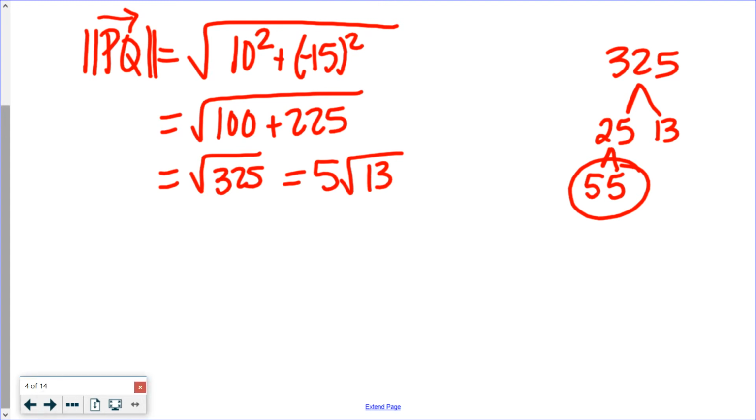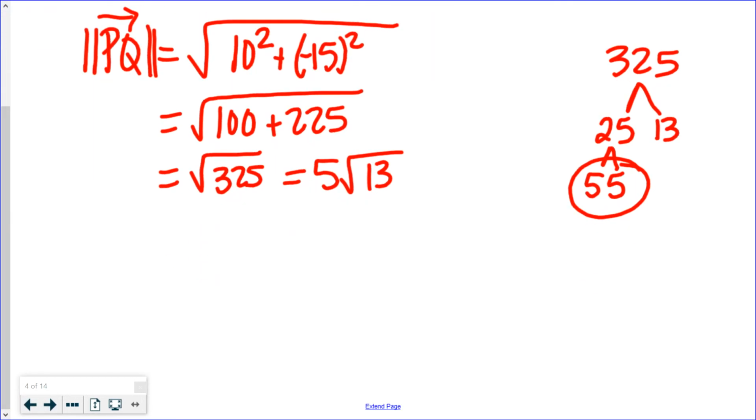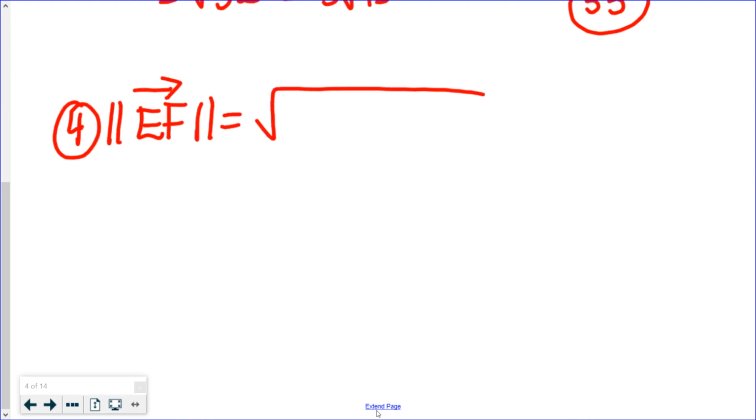I don't think I put the other one on here, so let me scroll down just for your notes if you're still struggling with this. For number 4, you have this in your notes. The magnitude of EF would be the square root of -6 minus a -1 squared plus -7 minus a -5 squared.